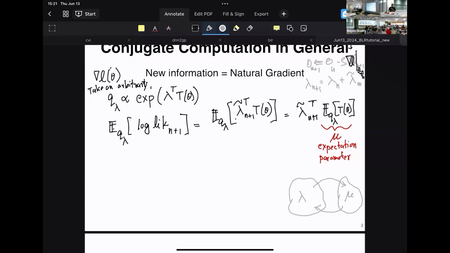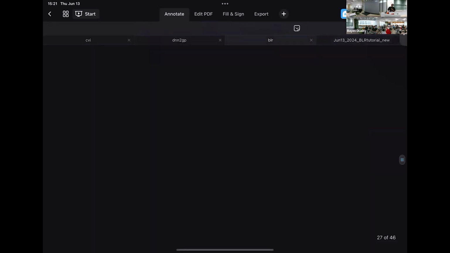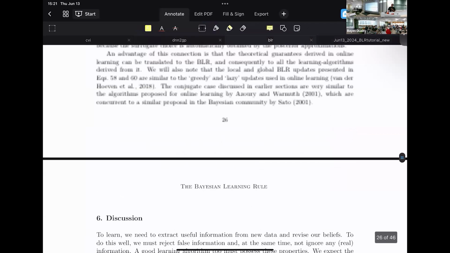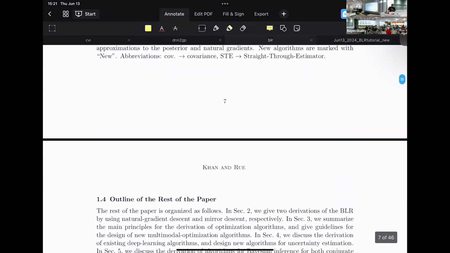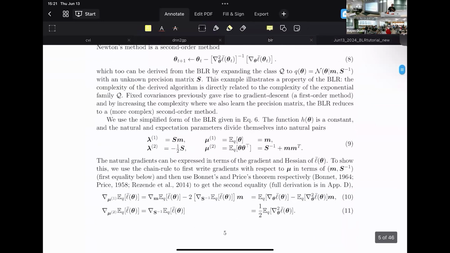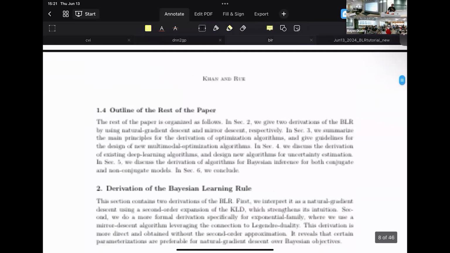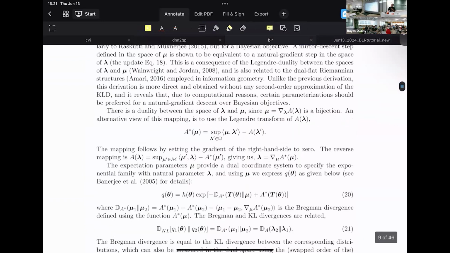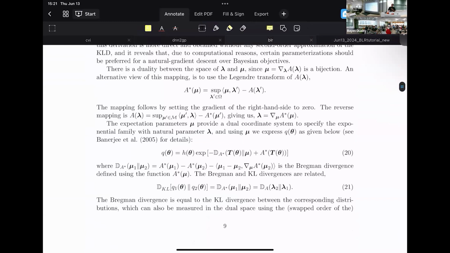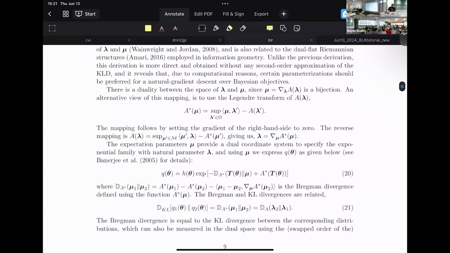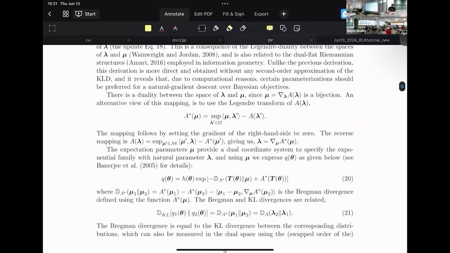But there's a one-to-one correspondence between these two. So you can always write this exponential family, e to the power lambda transpose t of theta, in terms of mu, and this is written in section 3, where I've defined these things.